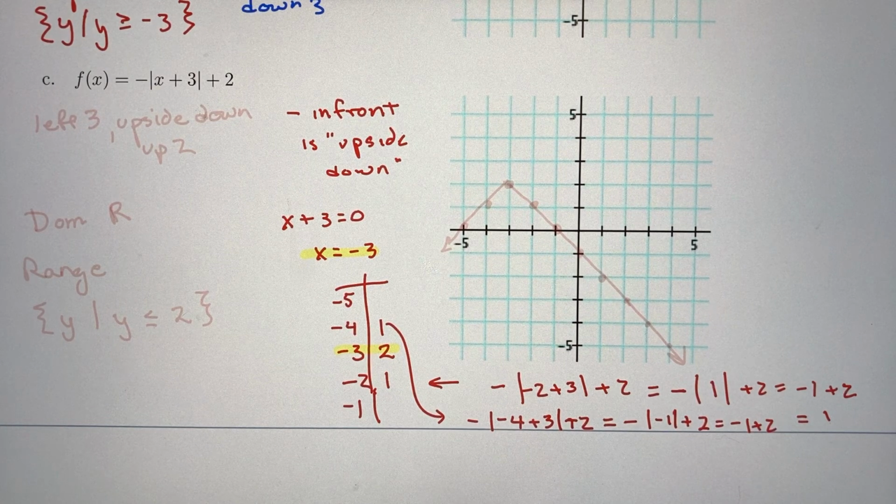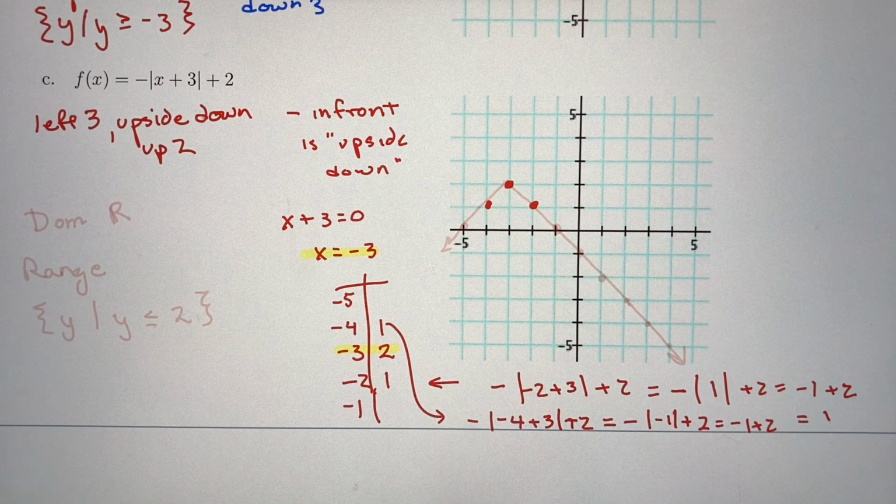That's where my vertex is. Okay, so left 3, and up 2, and upside down. I'm going to say upside down first, because that's the regular order of operations. Okay, left 3, upside down, up 2.